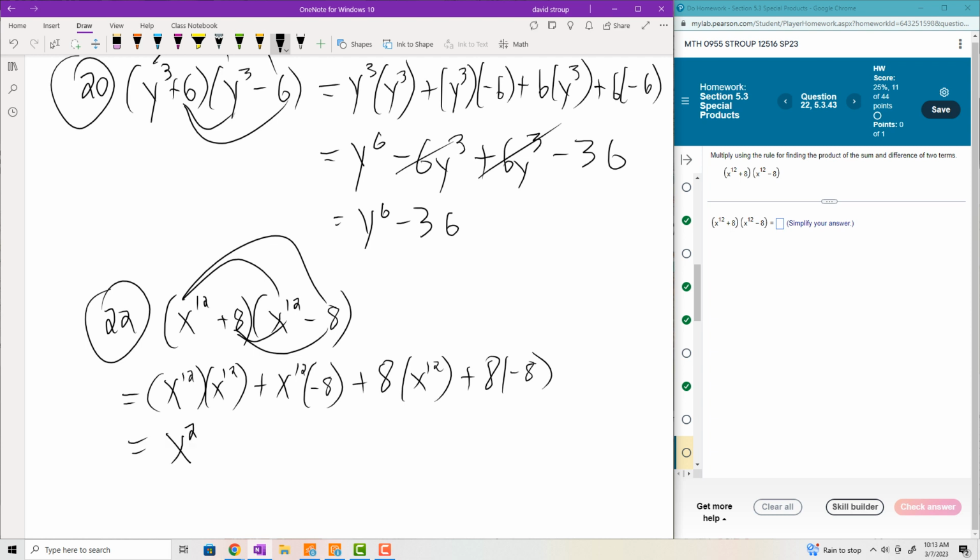So we get x to the 24 minus 8x to the 12th plus 8x to the 12th and minus 64. Boom, boom. X to the 24th minus 64.